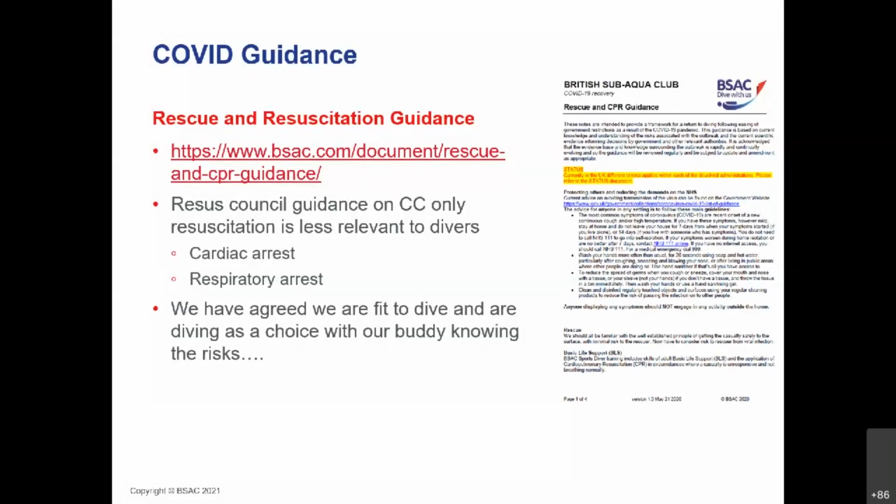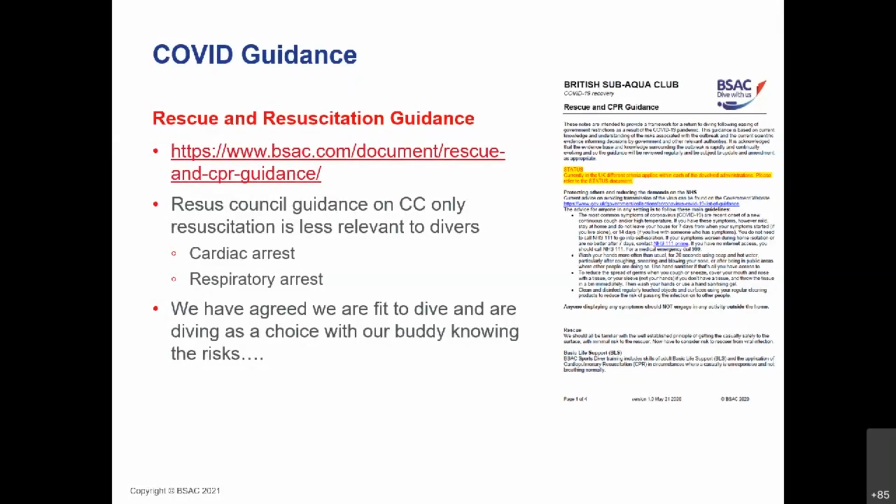In the diving situation, the basics of the analysis is that a cardiac arrest is pretty rare, and generally as a result of something else, such as a respiratory arrest that's caused it.